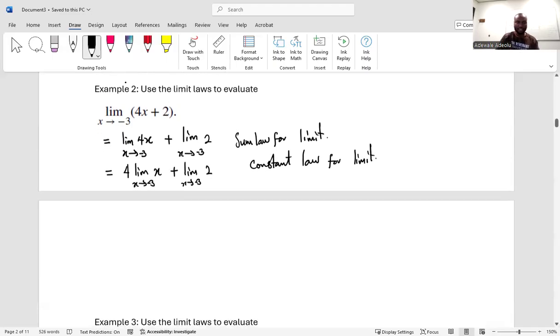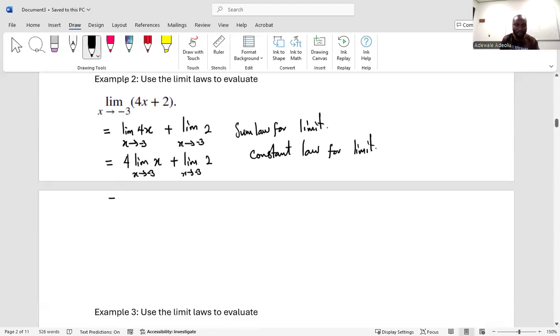That being said, remember from our basic limit law, because x is a linear function, we know what it is, right? As x goes to -3, that value is going to be -3. I hope that makes sense.